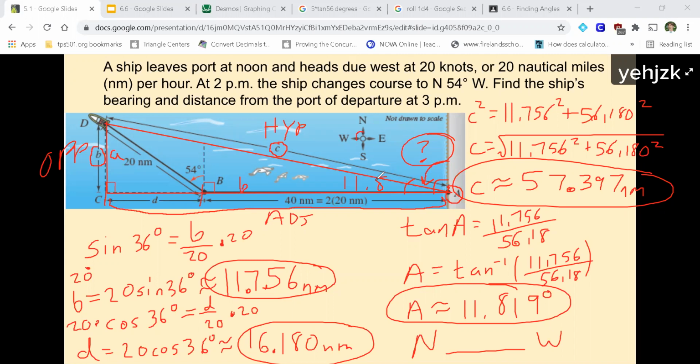If this is 11.8, about how much is left over for this angle?